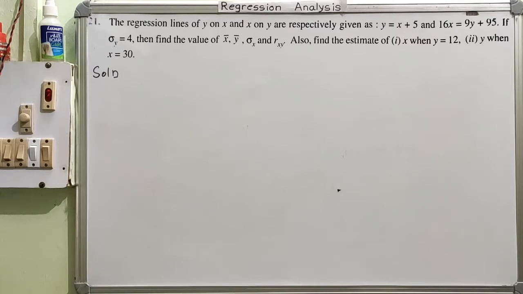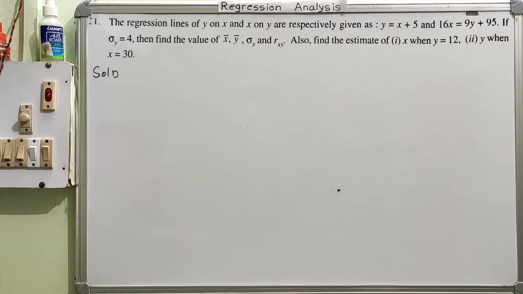And the regression line of x on y is given as 16x is equal to 9y plus 95. So we have the two lines of regression. The question is, if the standard deviation of y, that is sigma y, is equal to 4, then find the value of x mean, y mean, sigma x and r, that is the regression coefficient.